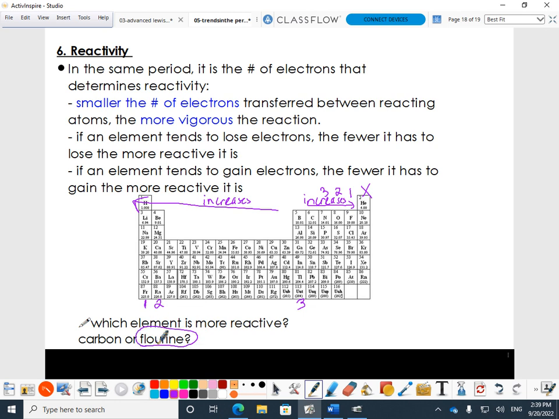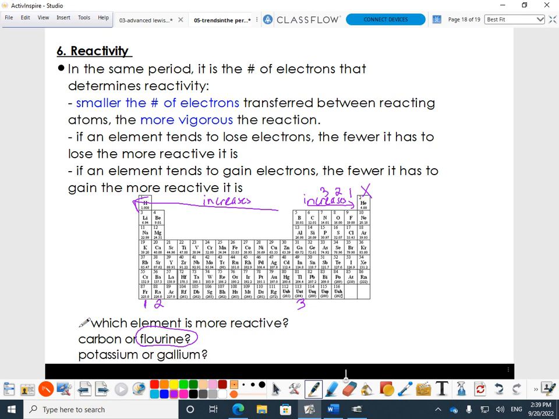So this is a case where you do sort of have to remember that when you react, that's the ions, like losing or gaining electrons, which is only valence. Okay, so let's do the metals. Potassium, which is K, or gallium, which is Ga? Good job. It is potassium.